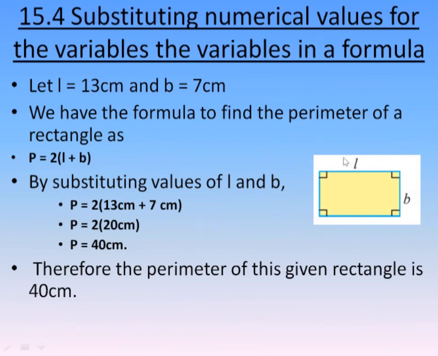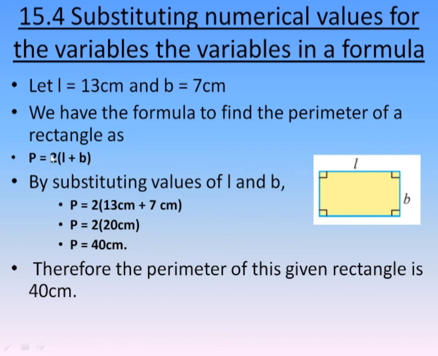Now let's do this with actual figures. L they have given as 13 centimeters, B they have given as 7 centimeters. So this should be 13, this should be 7. We are going to find the perimeter. We'll start from this point: 13 plus 7 plus 13 plus 7. We'll substitute values into the formula we obtained.